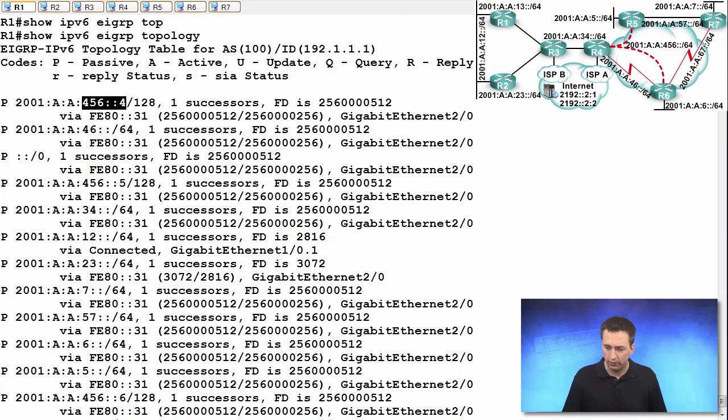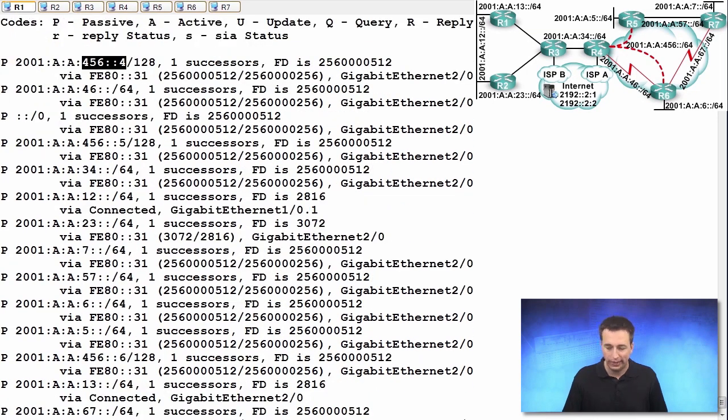But if we scroll down and let's go take a look at the link between R2 and R3, which would be 23::, and we can see that there. That's a much nicer feasible distance. As we can see, it's 3,072. In this case, it is installed in the routing table. We get there via R3.